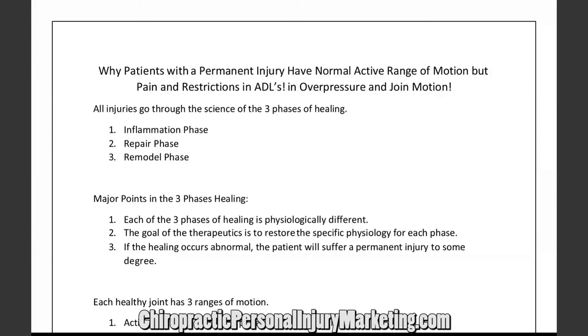The further they move, bend their head, flexion, extension, whatever plane of motion they're having their problem in, and it's usually extension, those compressive and tensile forces increase as the patient's head continues to go back further and further into extension.